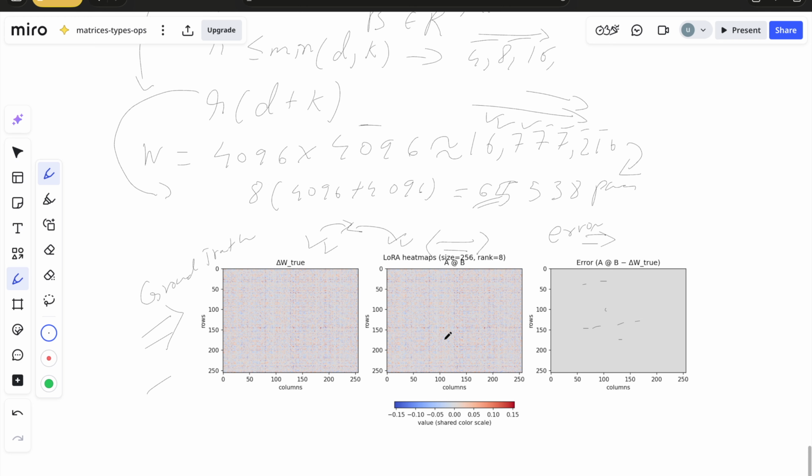Understand it in a very simple way: if this is the ground truth and this is the decomposed matrix from LoRA's algorithm, and they are very close to each other, it means we have achieved the approximation that we desire, and the error is close to zero. That's why you see a lot of white here, right?